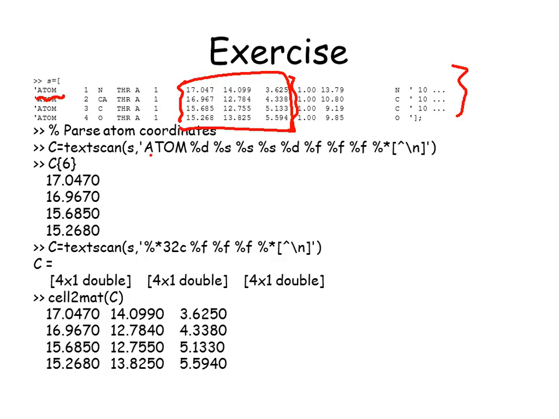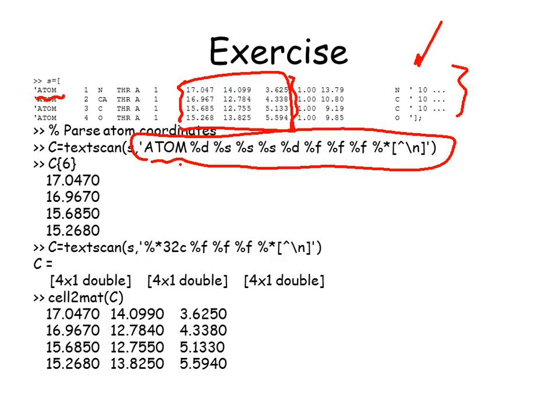You could try to match the entire string using the atom keyword and then a %d to capture this number, a %s to capture the name of the atom, another %s to capture the name of the amino acid, and so on. But eventually you will only need these 3 %s, which is returned as the 6th element of the return cell array. Okay?